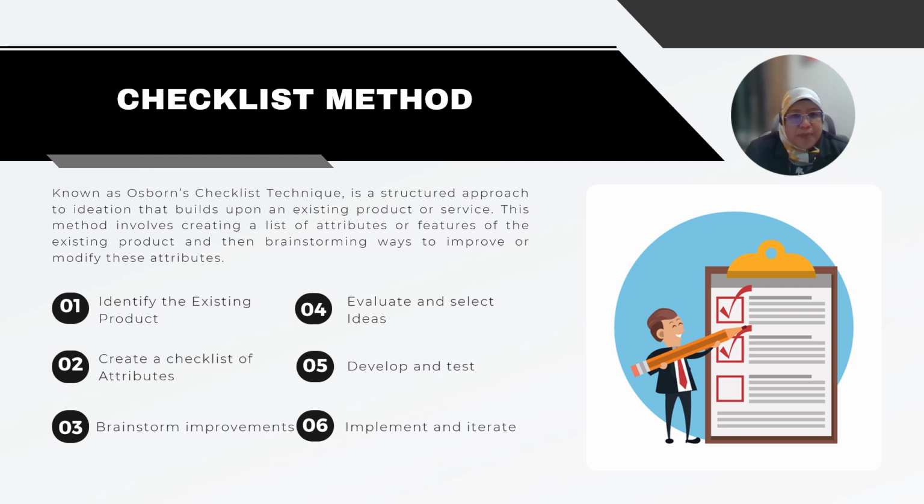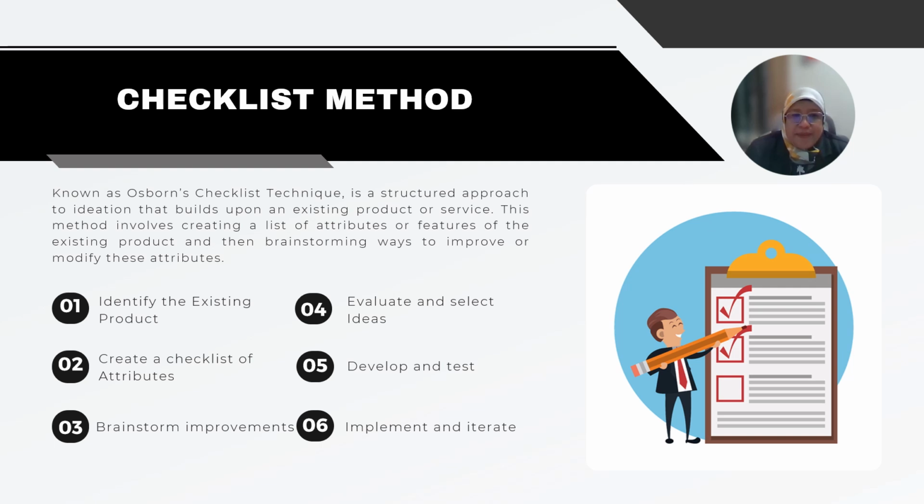If you choose modify, maybe we can improve the display quality with higher resolution and better color accuracy. Or maybe we can integrate smartwatch features into the smartphone, allowing for health tracking and notifications. Or we can also choose rearrange: prioritize battery life by optimizing the processor speed and camera quality. So this is all in the brainstorming improvement step.